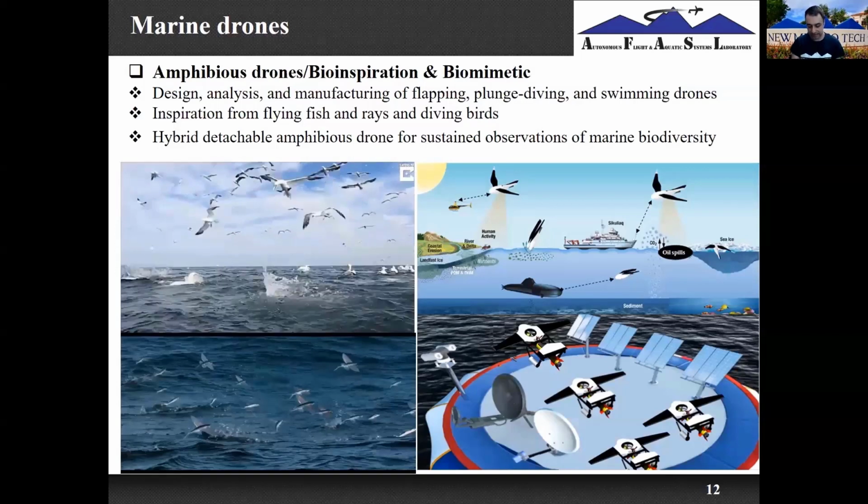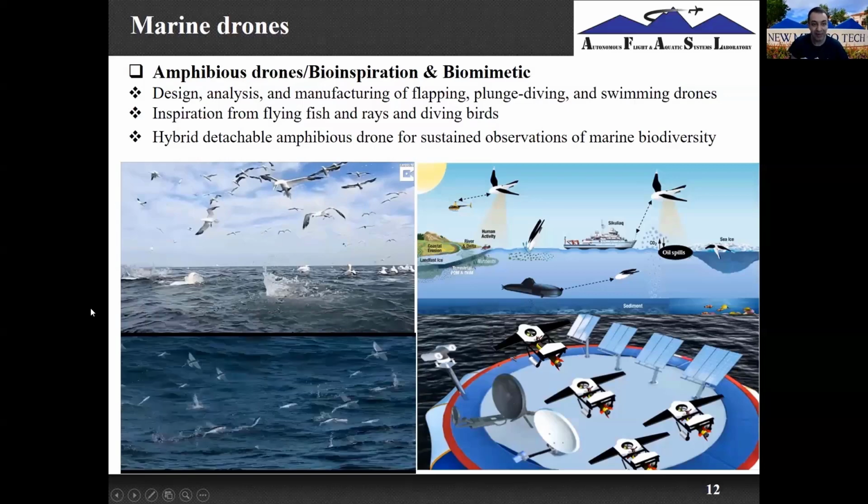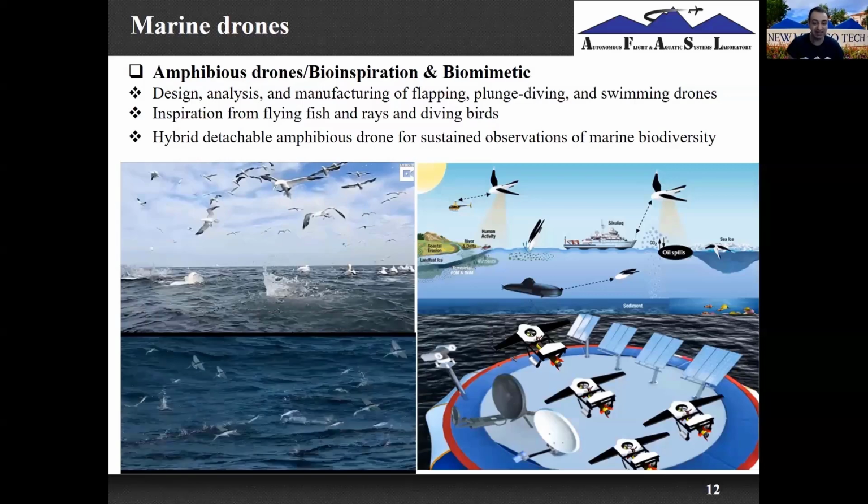If you look here, we will see that these birds dive into the water, so it means they can swim under the water. Or, for example, let's see the next video, which is about flying fish or flapping fish and the manta rays, which can flap.